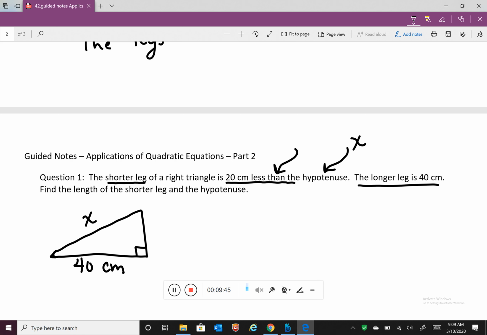So the shorter leg will be x - 20. So you're going to use the Pythagorean theorem to solve for the shorter leg and the hypotenuse. This is an open-ended question, so make sure that if you have questions, you contact me.